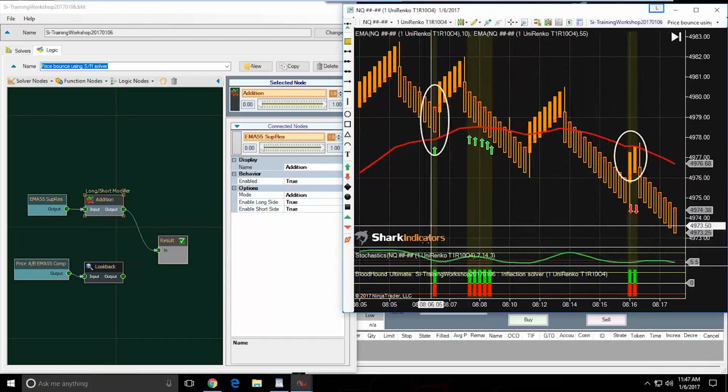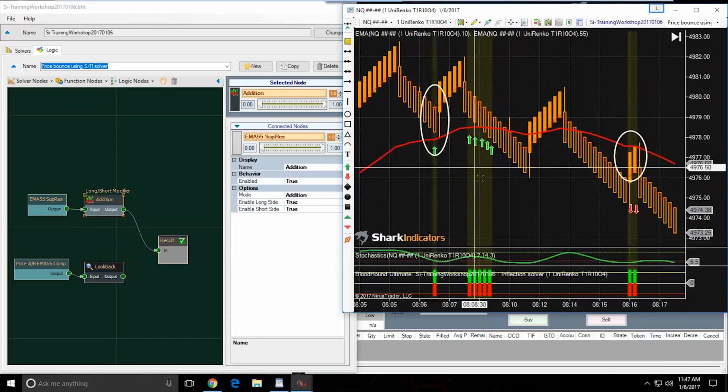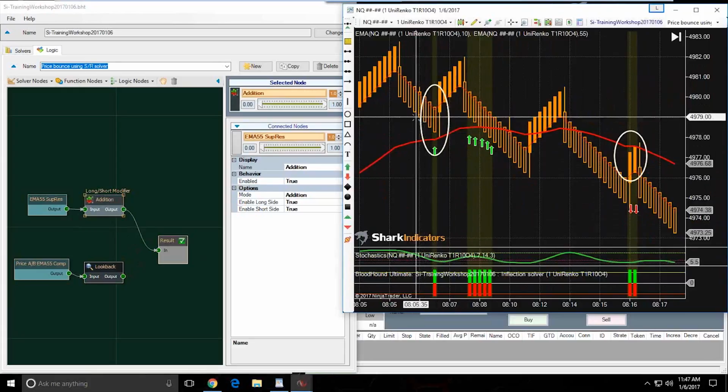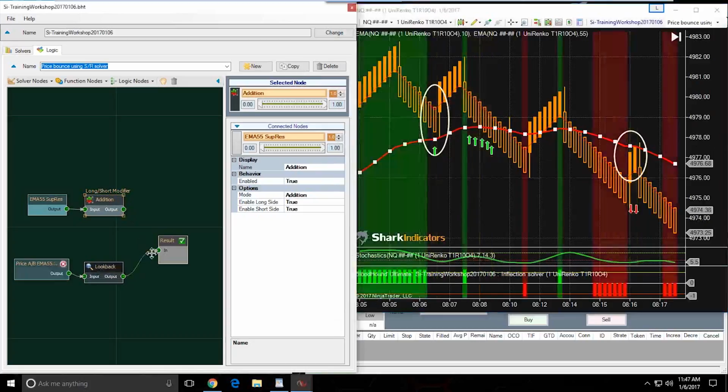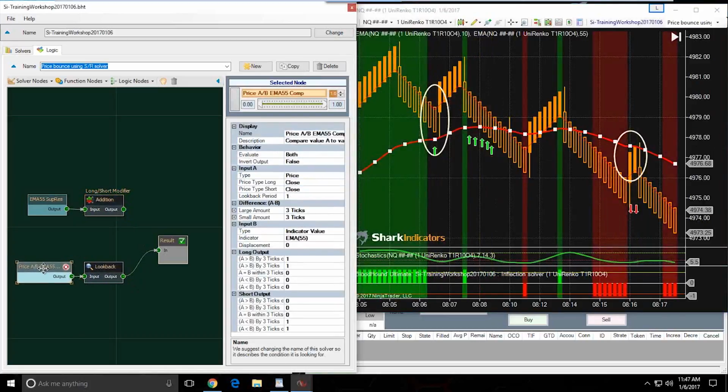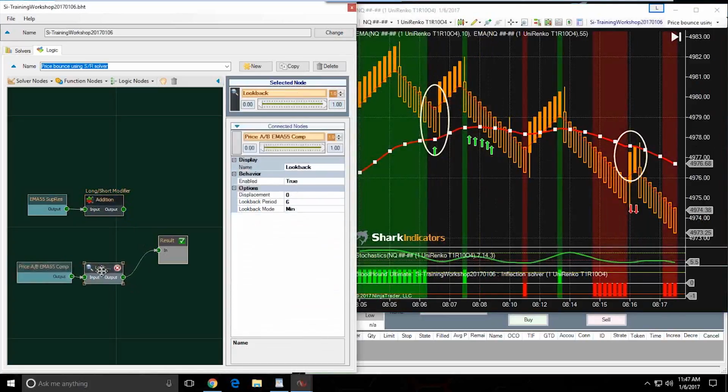All right, so I have some arrows here marking the bars where price is close to our EMA. So this is kind of detecting the bounce here. Now let's look at what we could consider our trend filter.